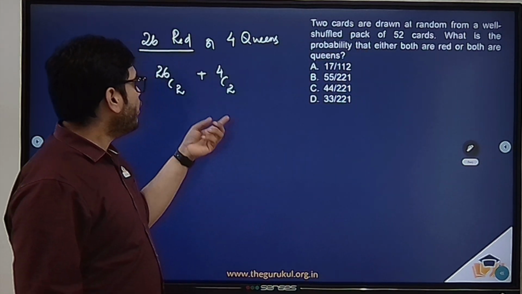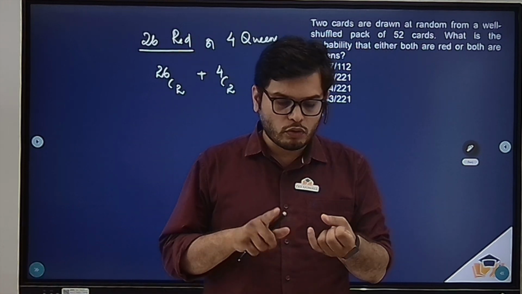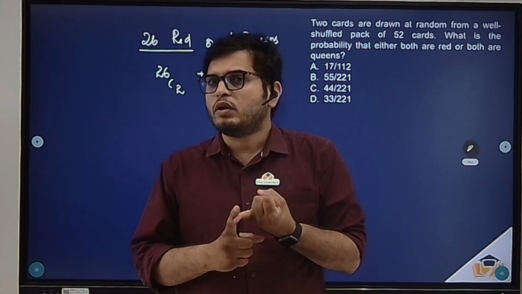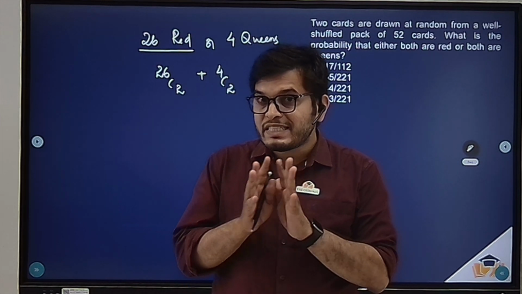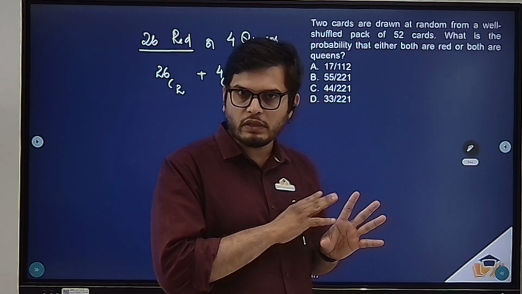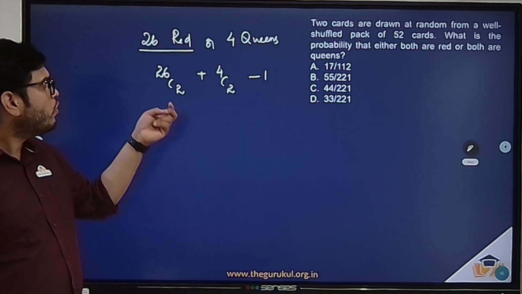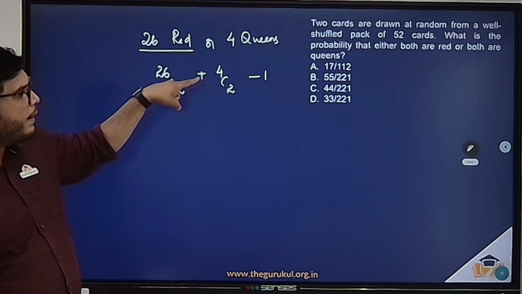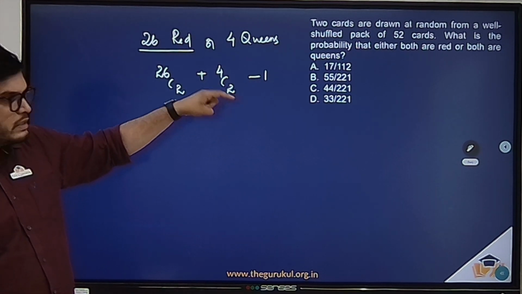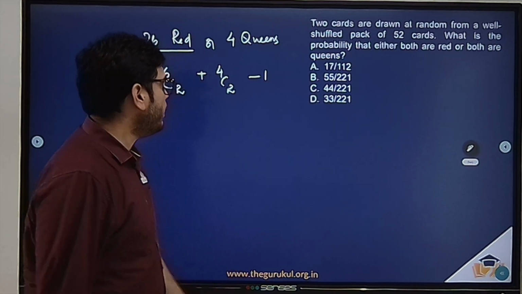And from these 4 queens, you're picking 2, and there also it can be queen of hearts and queen of diamonds. So we have the same case repeating twice, so I have to subtract 1, because picking queen of hearts and queen of diamonds is counted here as well as here. Since it is repeated twice, I'm subtracting that.